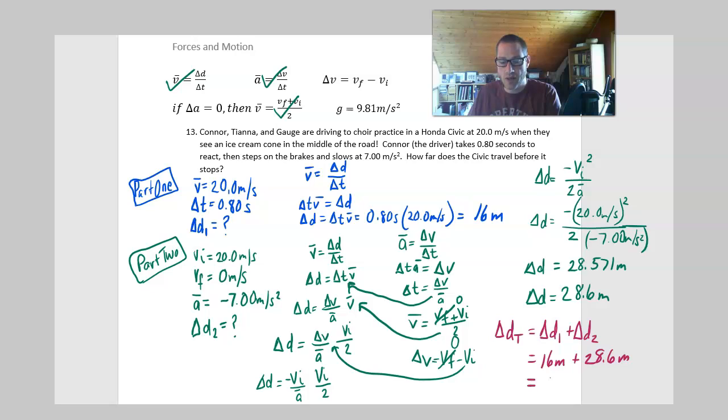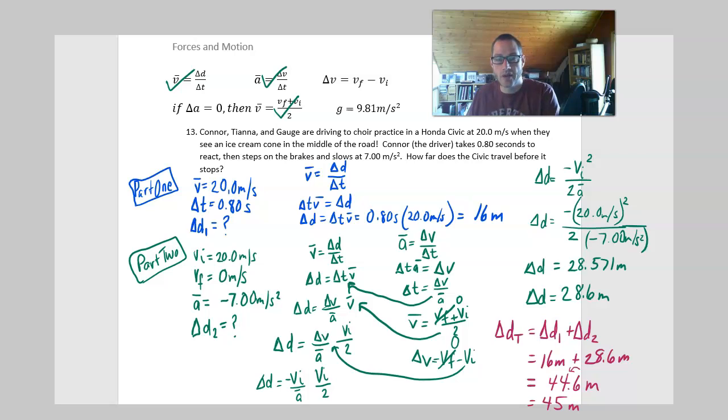So this is simply going to be 44.6 meters. For addition, it cuts it off at the ones place, so this is going to make the 4 round up to 45 meters. That's it. That's your answer.